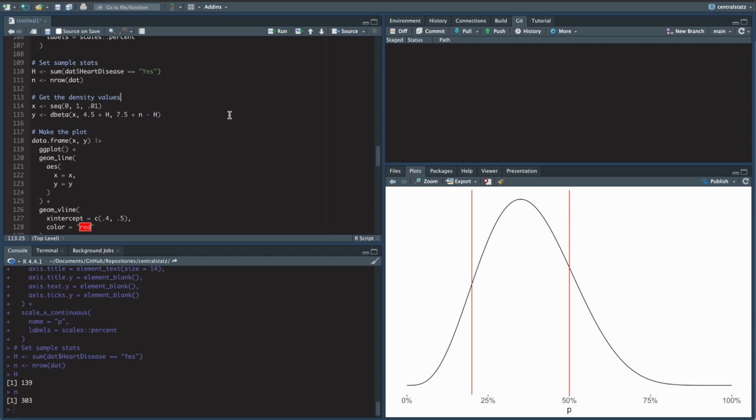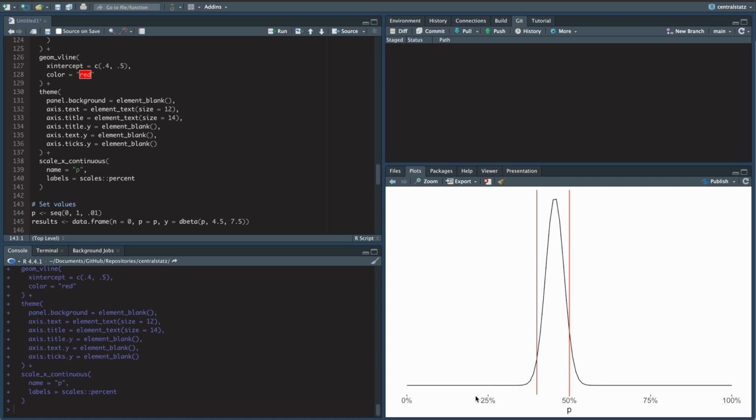summary statistics. Most of the probability mass was from like 20 to 50% in our prior distribution. Now that our data came in, it moved that prior distribution to be centered closer to like 40 to 50%.